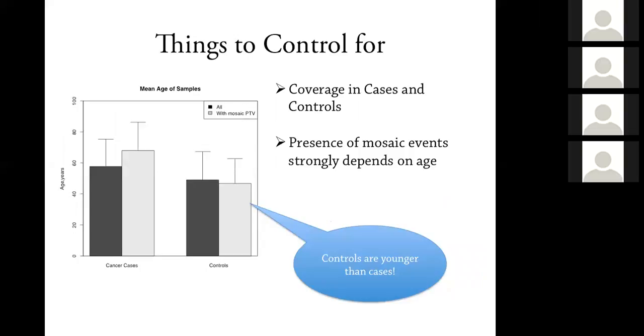The other thing you want to control for is the age of the samples. The reason for that is the following: mosaic mutations, with no respect to cancer or any other phenotype, so the clonal expansion events, are shown to be highly associated with age. Usually you would expect those kinds of events to arise roughly after 50 years old.